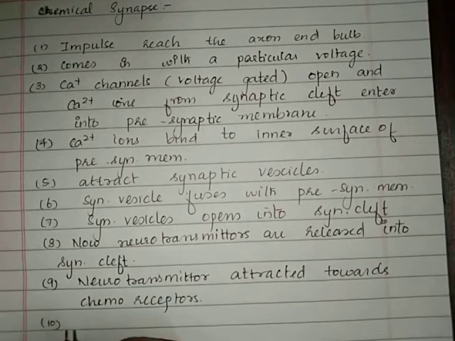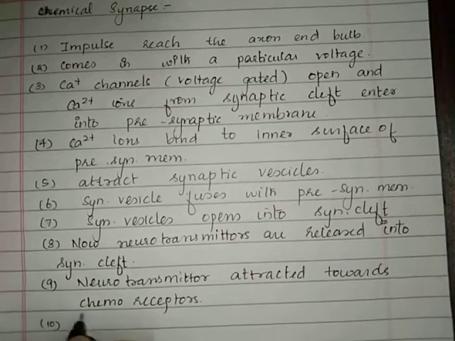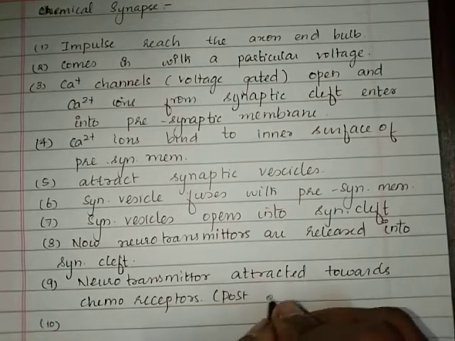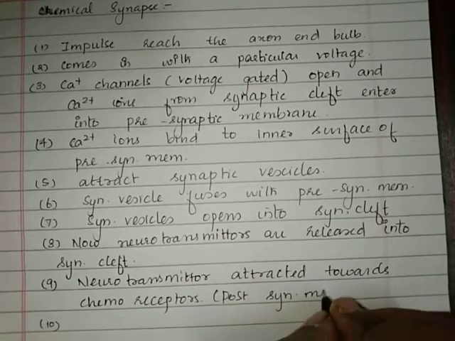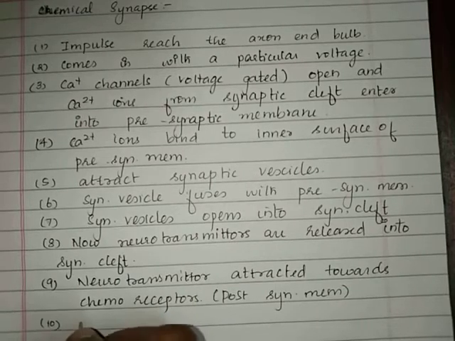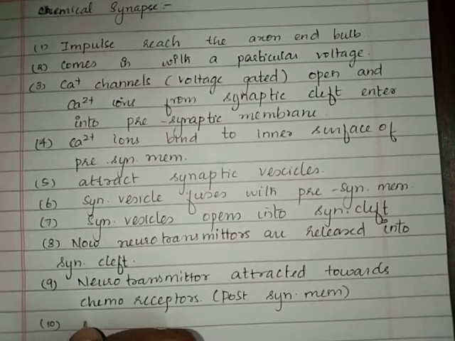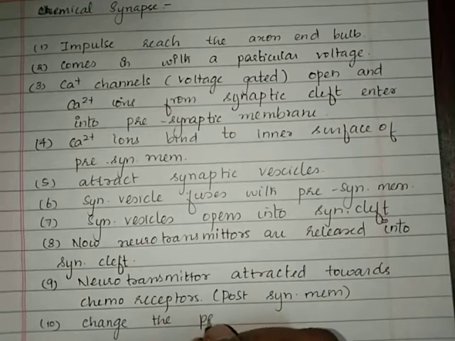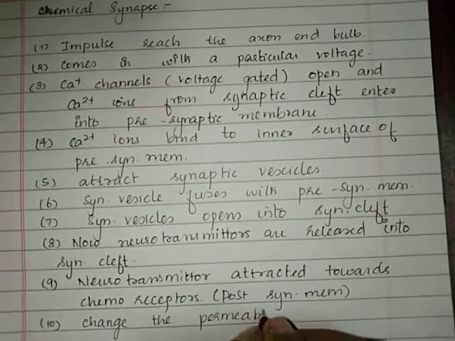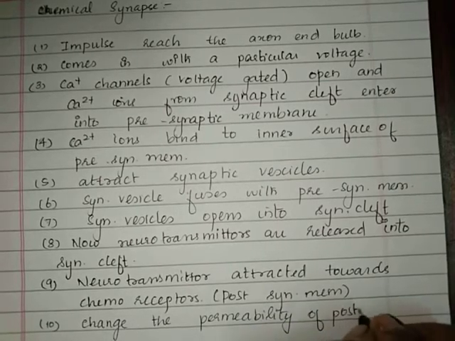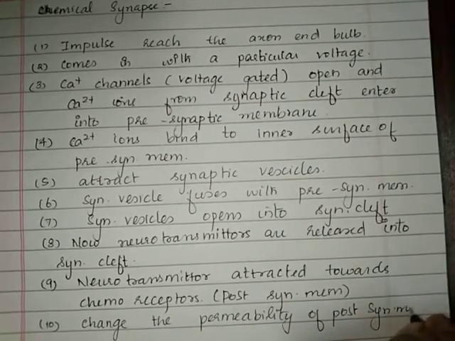So once it has bound to the chemoreceptors present in the postsynaptic membrane, as soon as the neurotransmitter binds to the receptor, it is going to change the permeability of the postsynaptic membrane.